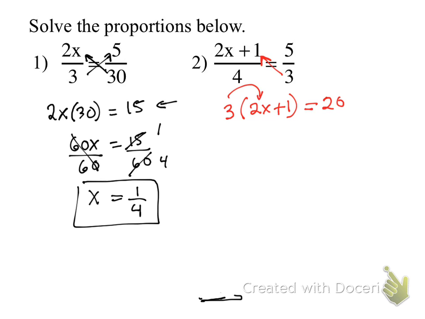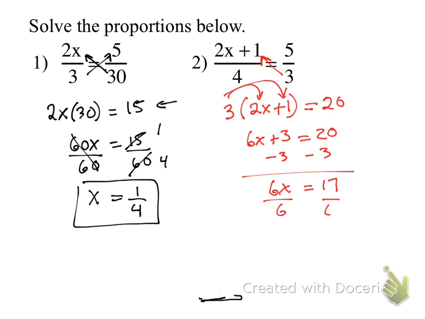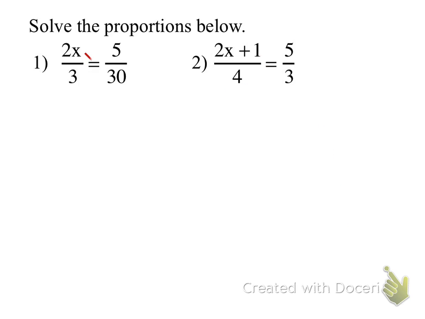And then we distribute. 6x plus 3 equals 20. Subtract 3. 6x equals 17. Divide by 6, and x equals 17 over 6. Okay, questions? You guys okay with a variable here and there?